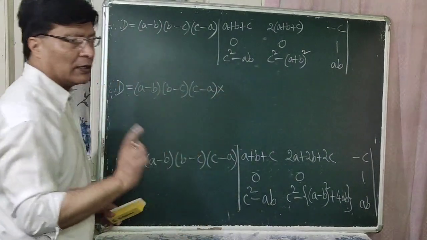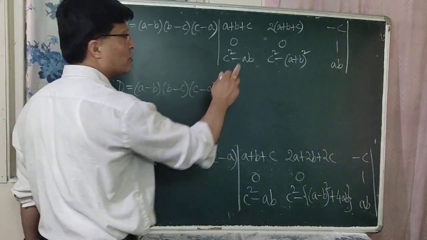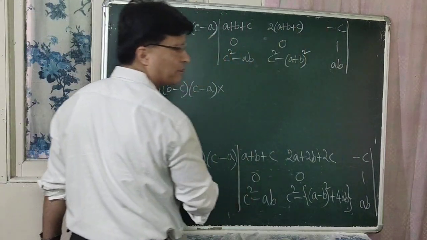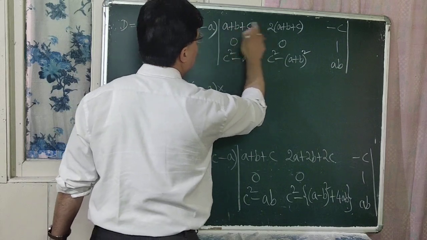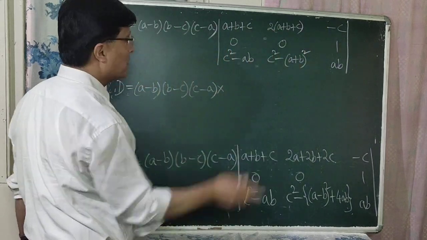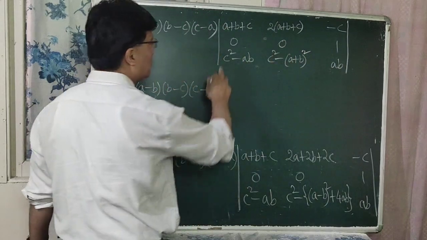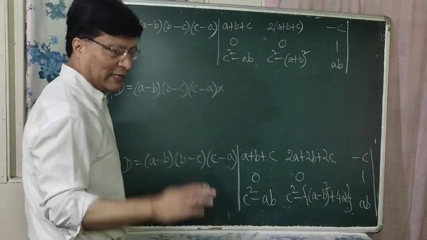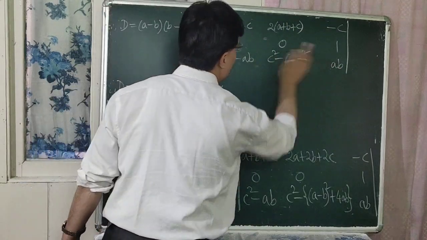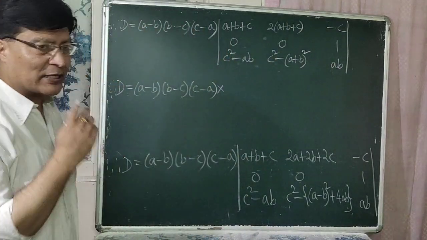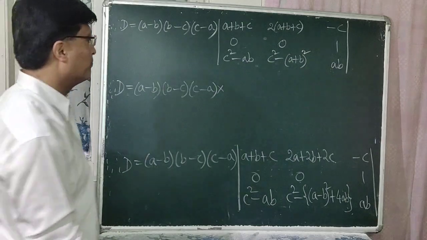Into. Now, if you expand it with respect to the first row, you should write plus minus plus. You know how to expand it. Then if you expand it with respect to the second row, minus plus minus. I told you. If you expand it with respect to the third row, you should write plus minus plus. Isn't it?